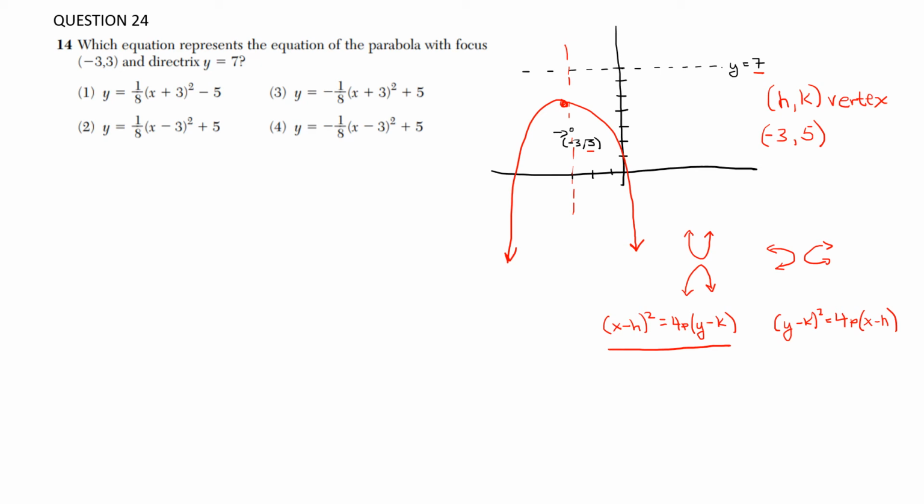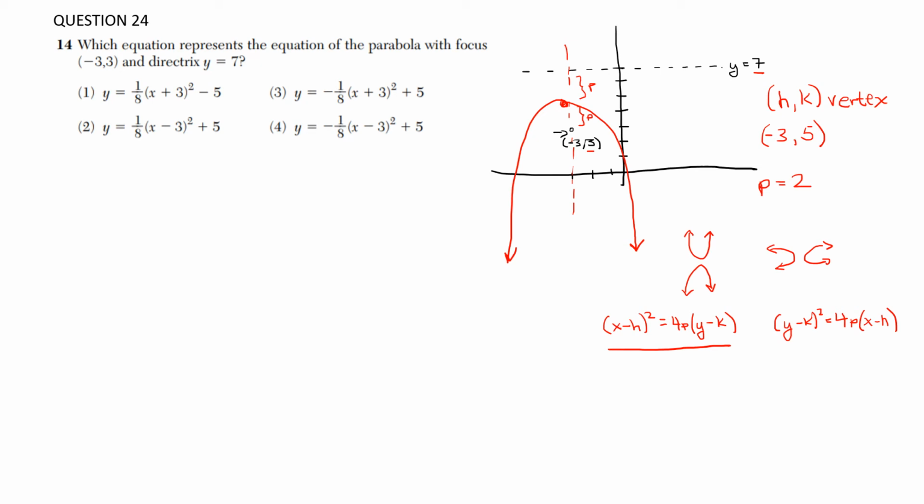So now let's try to find p. P is this distance. It's the distance from the directrix or the focus to our vertex. So in this case, 7 minus 5 would be 2. So our p has to equal 2.